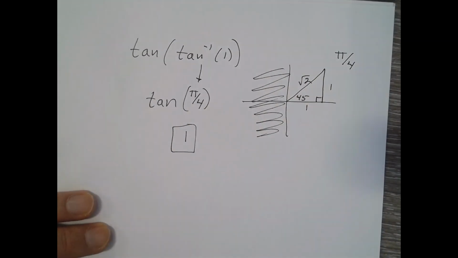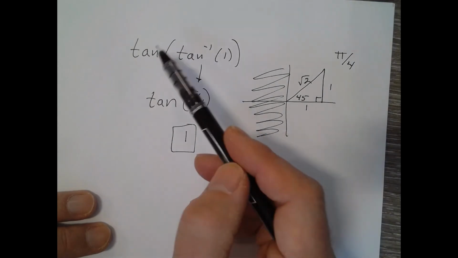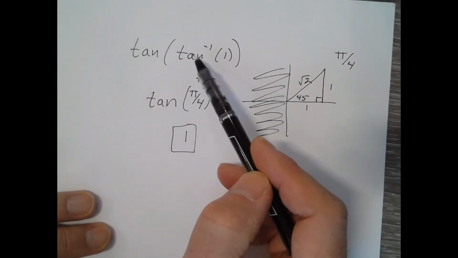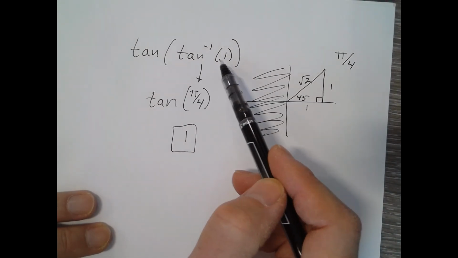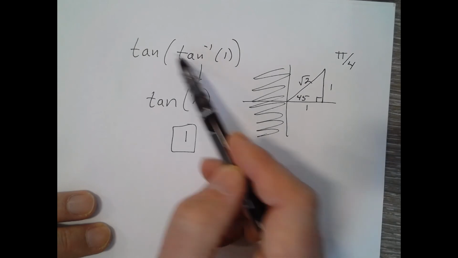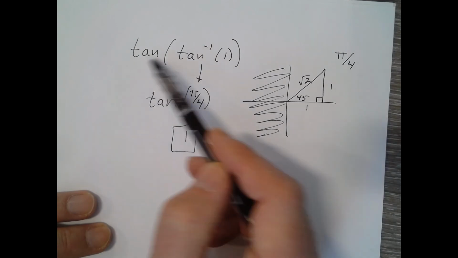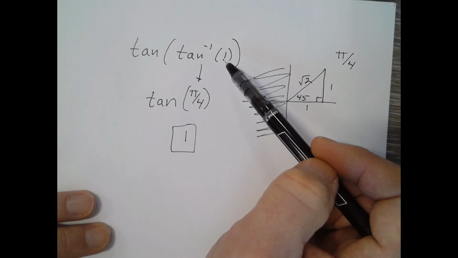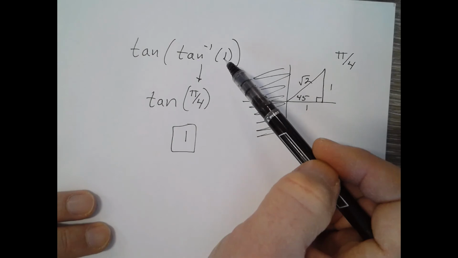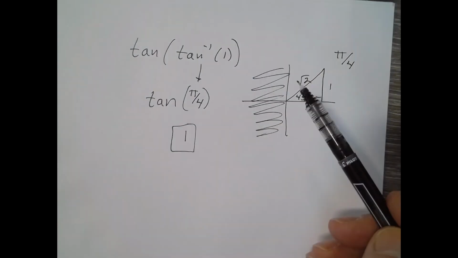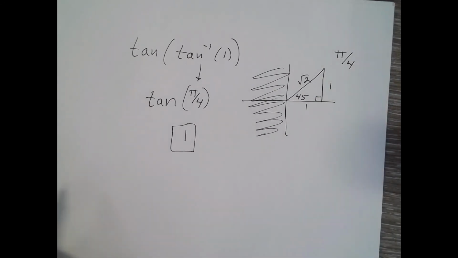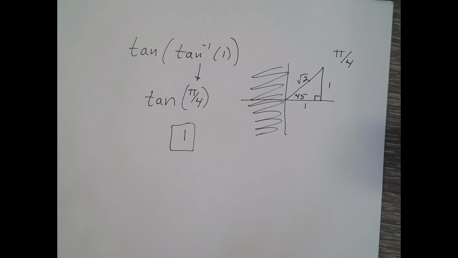Does it make sense that we found the tangent of the inverse tangent of 1? Aren't these inverse operations? All right, you would hope that that would always be the case. But it is not always the case, just based off of what quadrants things exist in.